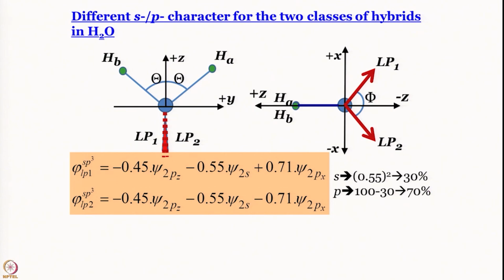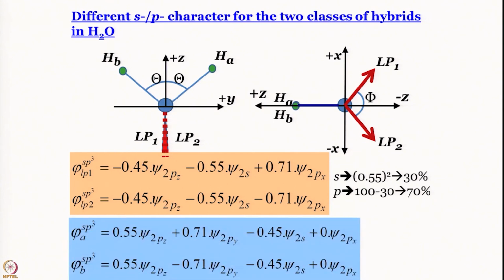So again this is not sp3, this is not sp4, this is s p 2 point something. If I normalize with respect to s, what is 7 with respect to 3? 7 by 3, right. So I can say s p 7 by 3, which will be 2.3 or something like that. s p 2.3, something between sp2 and sp3.